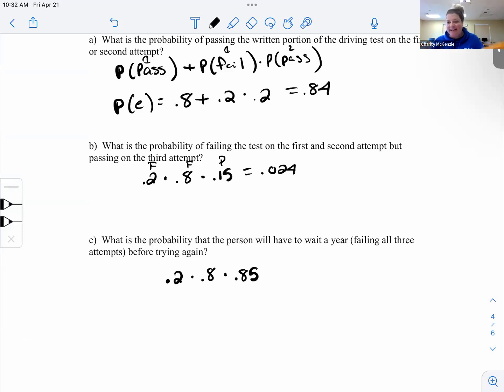This is why retakes are typically a waste of a teacher's time, because the student doesn't necessarily pass on a retake. They could, but okay, 0.2 times 0.8 times 0.85. All right, so I got 0.136. So 13%, almost 14% really, chance that you would fail, fail, fail.